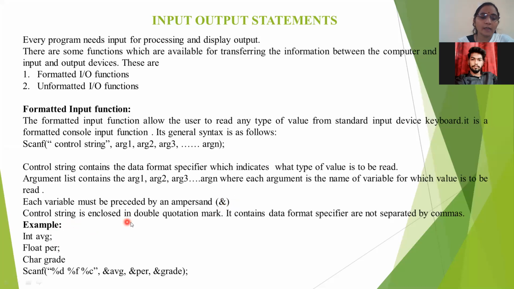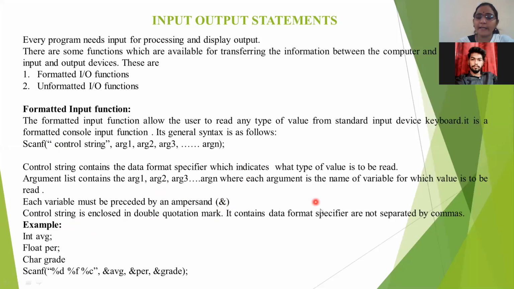The control string is enclosed in double quotation marks. Remember the syntax: if you do not include the control string in double quotation marks, it generates a syntax error. So kindly note the syntax of each and every statement in the C language as it is.